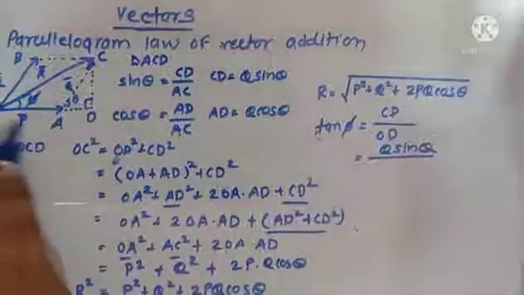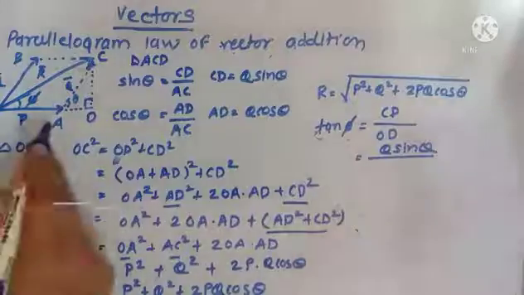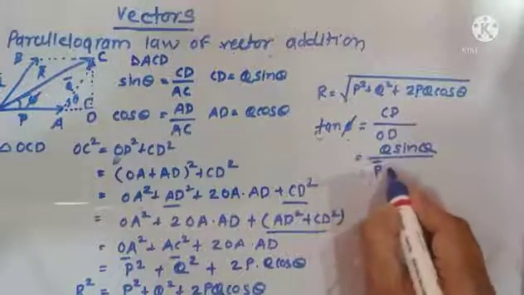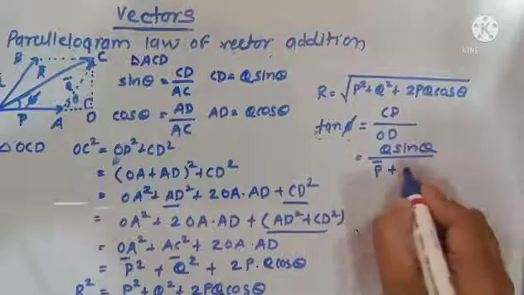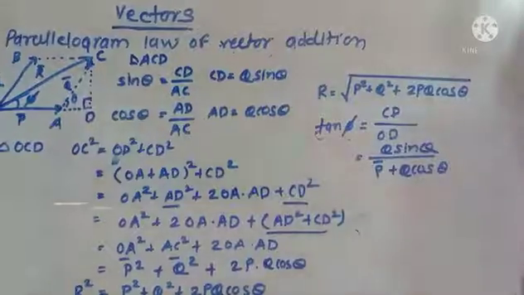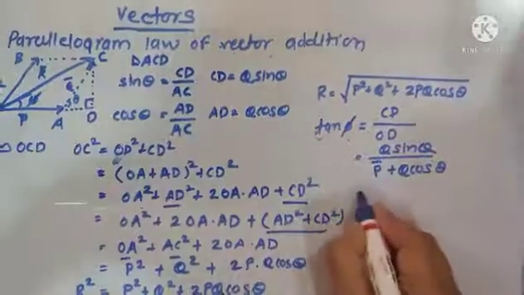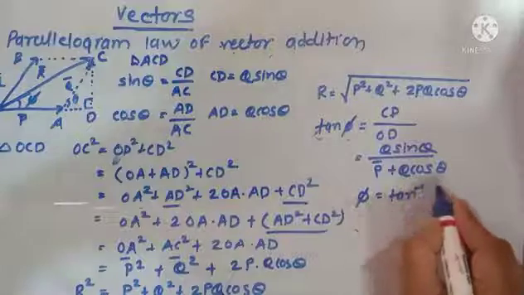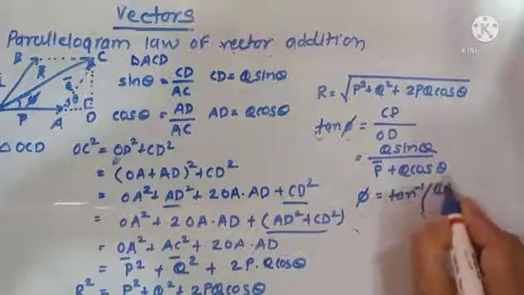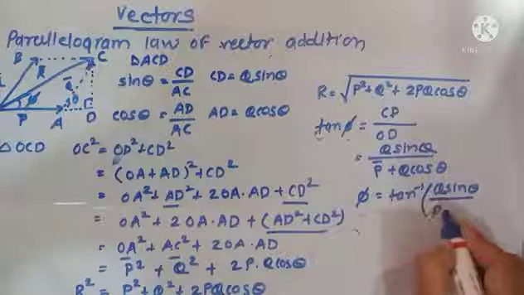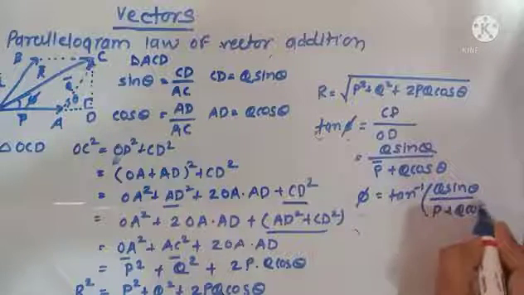OD is nothing but OA plus AD. So OA is nothing but the vector P, plus AD is nothing but Q cos theta. So I can write phi is equal to tan inverse of this whole term, Q sine theta upon P plus Q cos theta.